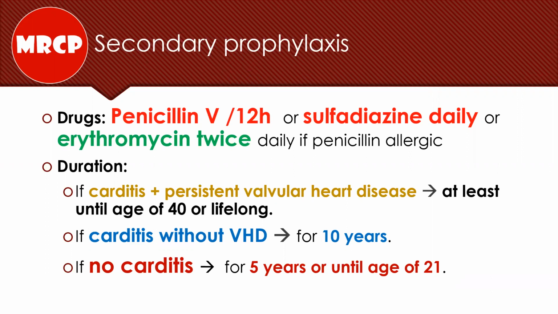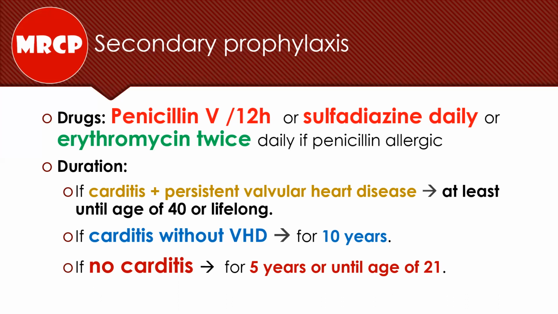Here, particularly, you have to be aware of two things. First of all, what are the drugs used for secondary prophylaxis? And secondly, one of the most important things, what is the duration of secondary prophylaxis? So while you are thinking about secondary prophylaxis in a patient with rheumatic fever, you have to consider the drugs used and the duration.